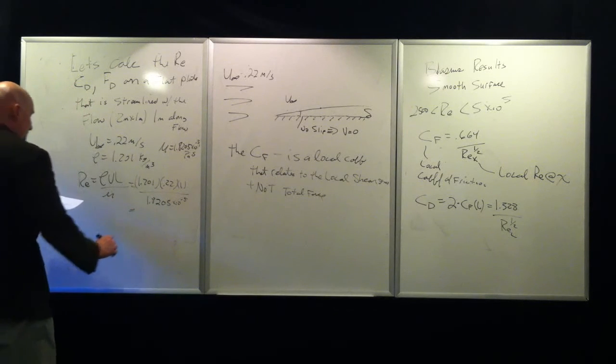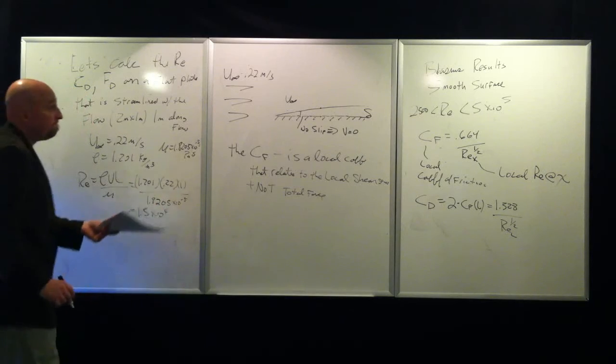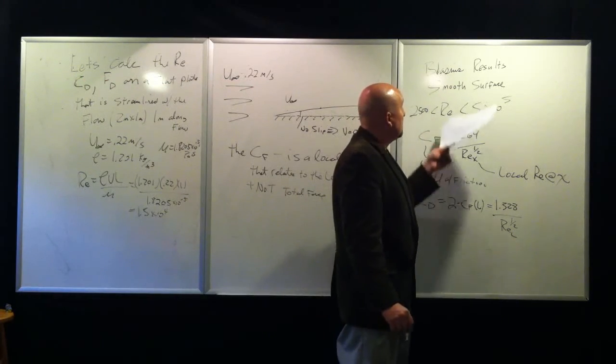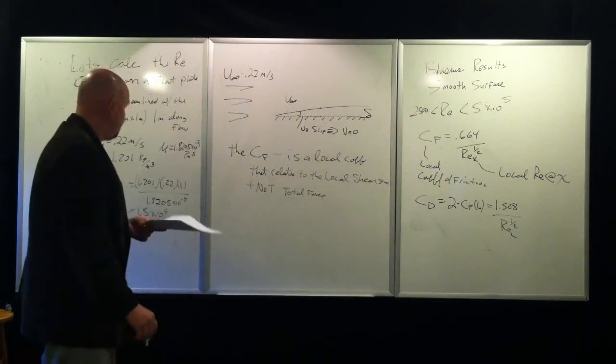Comes up with a Reynolds number of 1.5 times 10 to the fourth. Therefore, the laminar Blasius result is going to be applicable for this case.